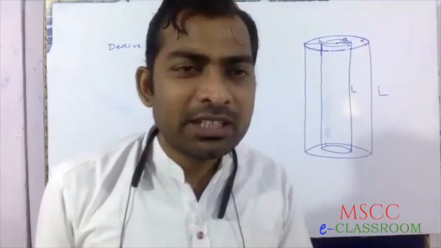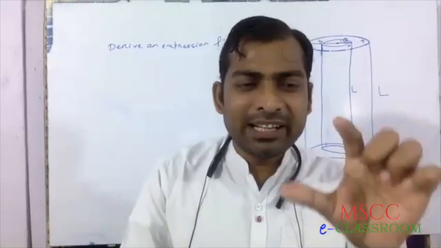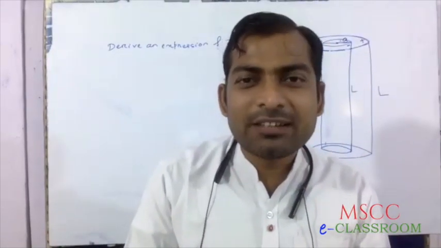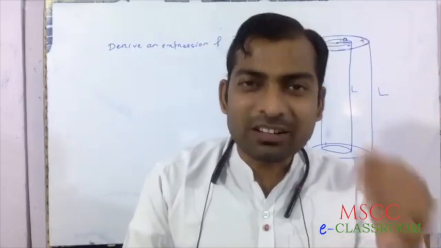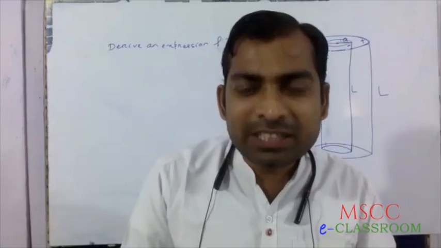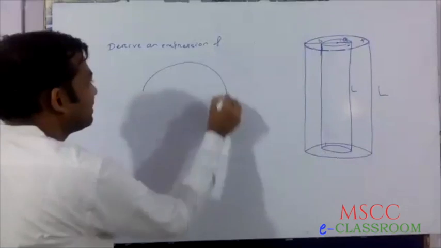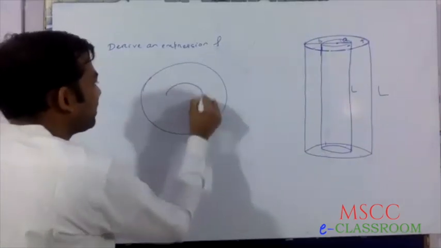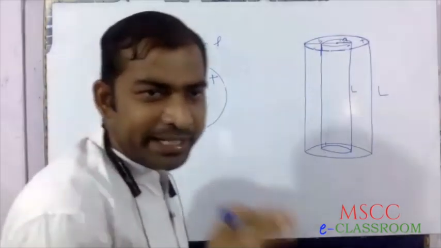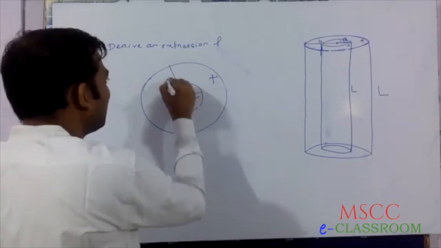Previously, in the case of a spherical capacitor, for finding the electric field in the inner region at any point, we always assumed the Gaussian surface as a sphere. Just recall, in yesterday's class, for the spherical capacitor, this radius is small a, this radius is small b.